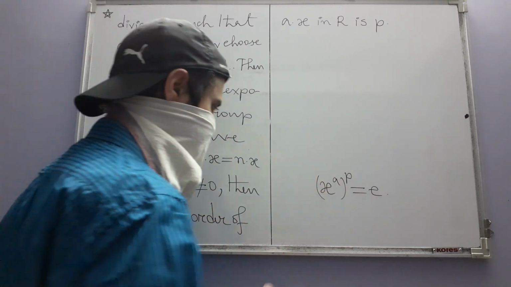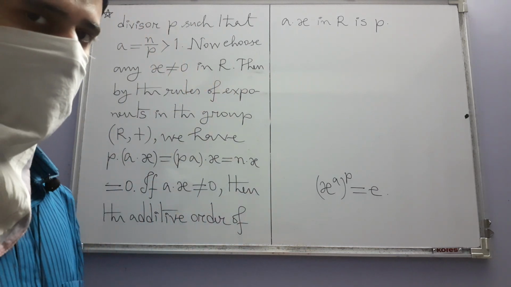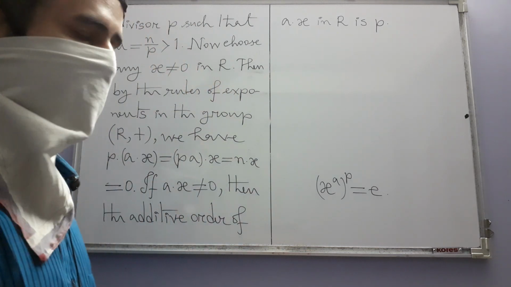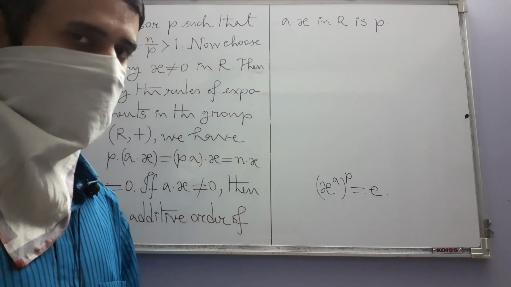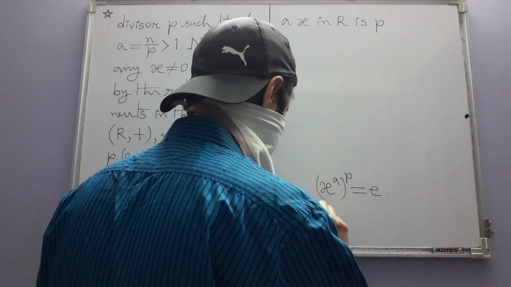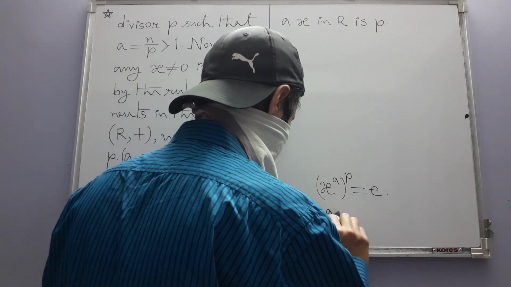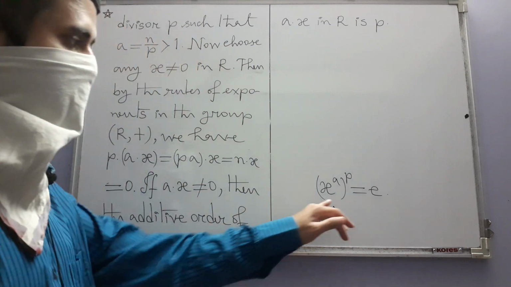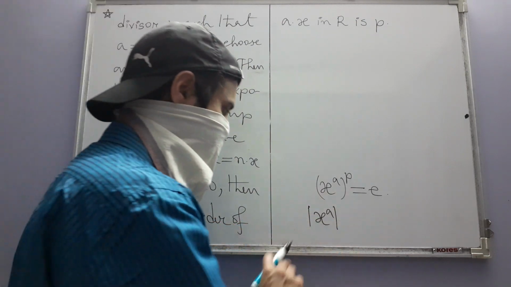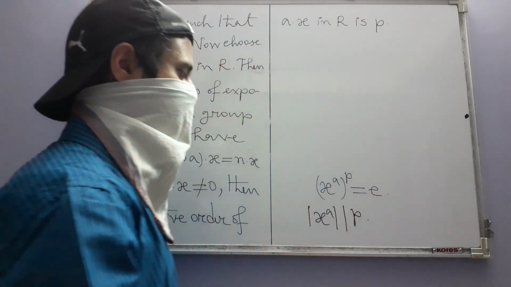Yes. In fact, by one of the corollaries to Lagrange's theorem, I am saying this from Herstein's book, but also in Gallian's book, Lagrange's theorem implies that the order of x to the power a, from this equation, has to divide the exponent p.